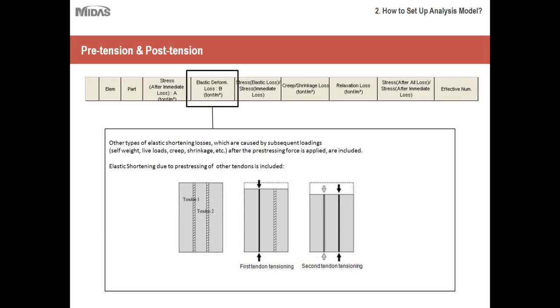What happens is, if you have two sets of tendons, let's say these are just the tendon ducts, and then we are post-tensioning. First we post-tension tendon 1. This will deform the cross section, so the cross section properties have changed, and then we post-tension the second tendon. This will cause a reduction in the size of the section, and it will also affect the stresses in the adjacent tendons.